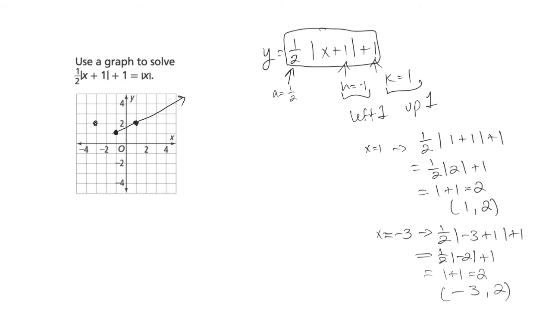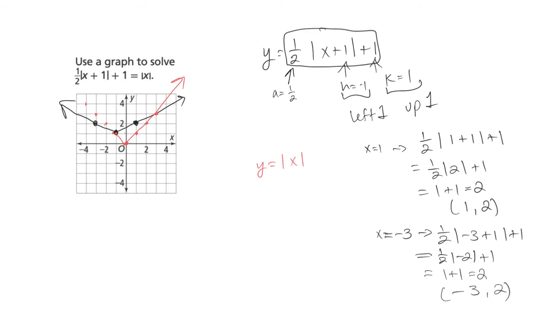Right, and I'll continue. Okay, and then the next one we have is just the absolute value of x. All right, this one should be pretty easy to draw. y equals the absolute value of x, so that has (0, 0) and (1, 1), and we know our V shape looks like this.